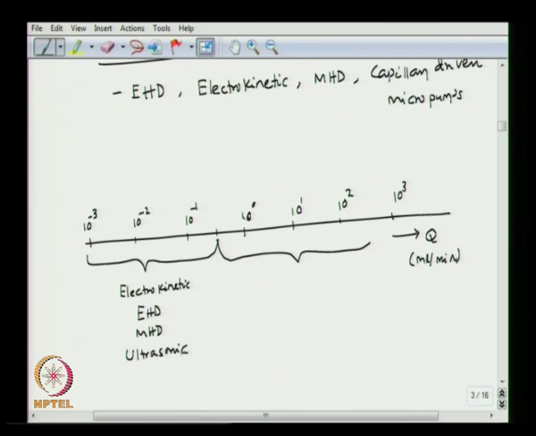So these pumps can offer flow rates less than 0.5 milliliter per minute, and on the higher side we would have the check valve pump, the peristaltic pump, and the valveless pump. So these are the different flow capacities of different micro pumps.